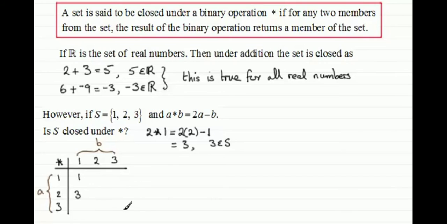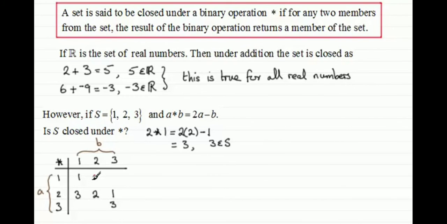Again, if you perform 2 star 2, 4 minus 2 is 2. 2 star 3 means 1. 3 star 3 is 3. 3 star 2, the value of 3 star 2 is 4 minus 2, the answer will be 0.